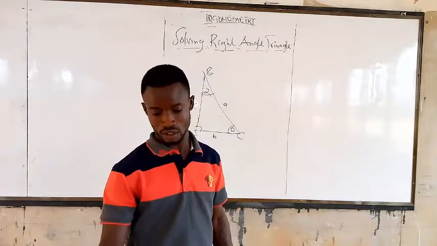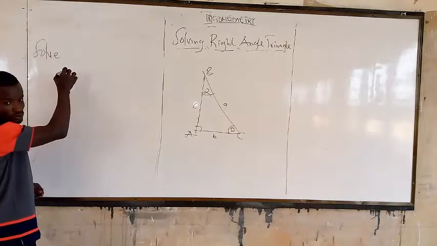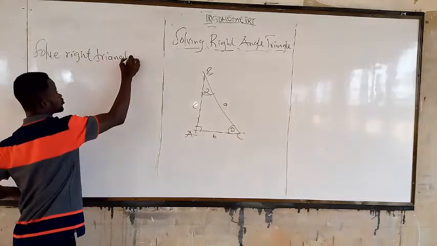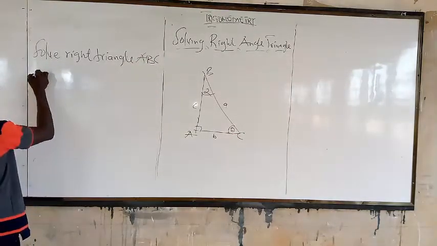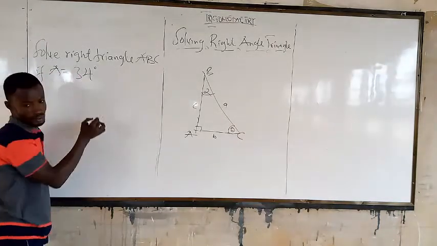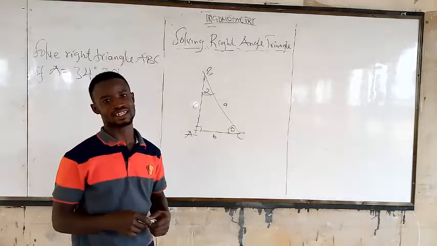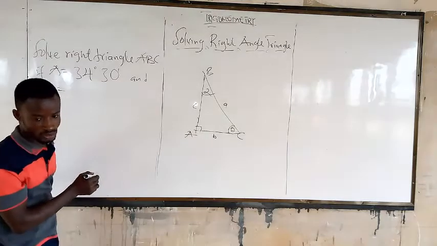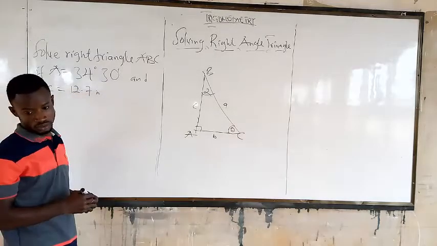You know what A stands for, what B stands for, what C stands for already. So let's solve this question. Solve right triangle ABC, if A is equal to 34 degrees 30 minutes, and C is equal to 12.7 inches.